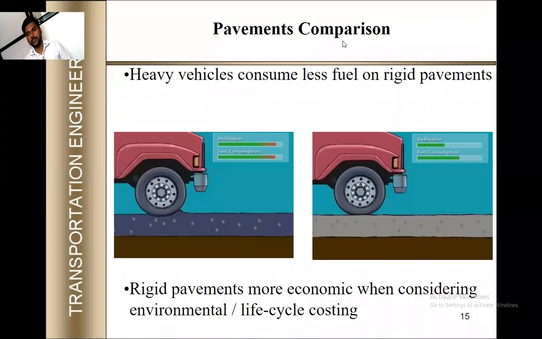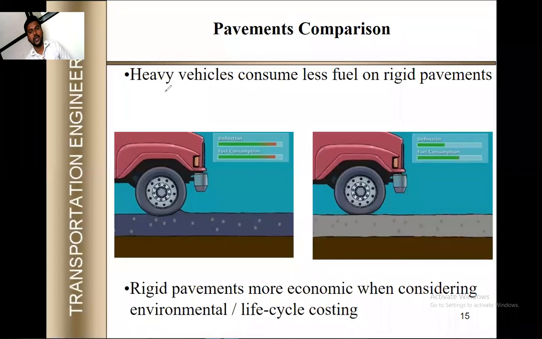Then, a very important pavement comparison. In the pavement comparison, heavy vehicles consume less fuel on the rigid pavement. If heavy vehicles are traveling on the rigid pavement as well as on the flexible pavement, then on the rigid pavement they will consume less fuel as compared to the flexible pavement.